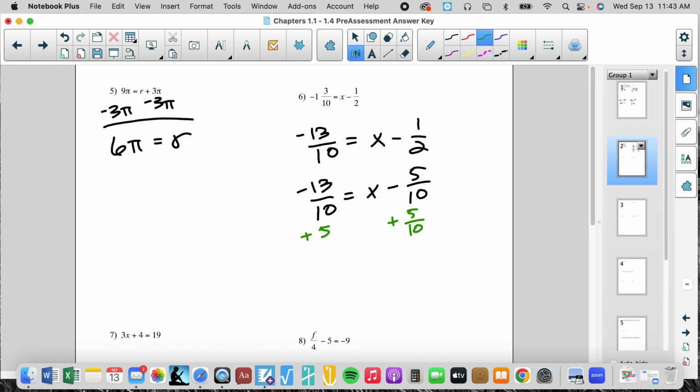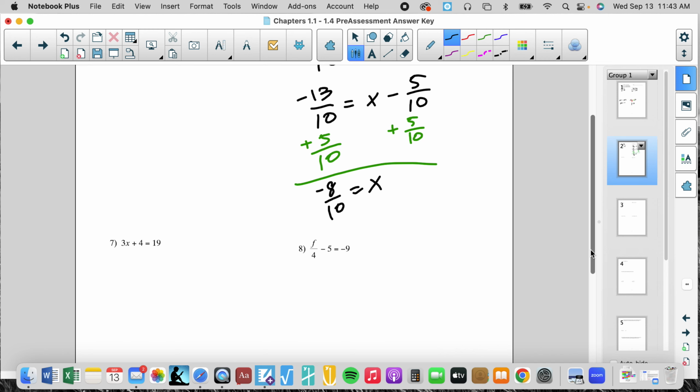Add 5/10, and that gives us negative 8/10 equals x. All fractions have to be simplified, so negative 8/10 is negative 4/5. Negative 4/5 equals x. That would be my solution.